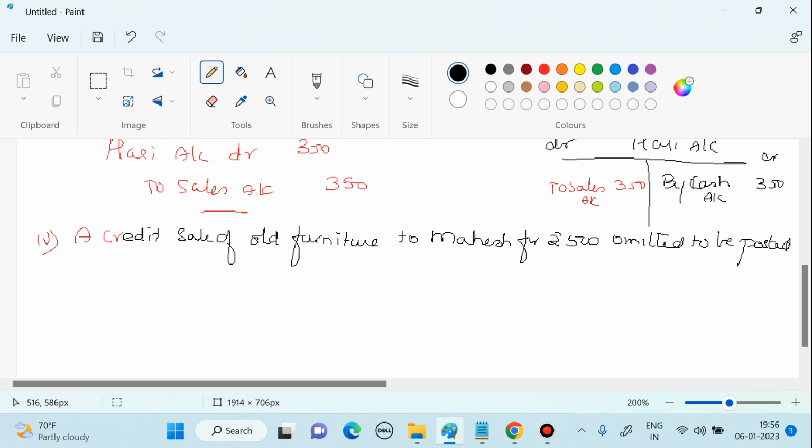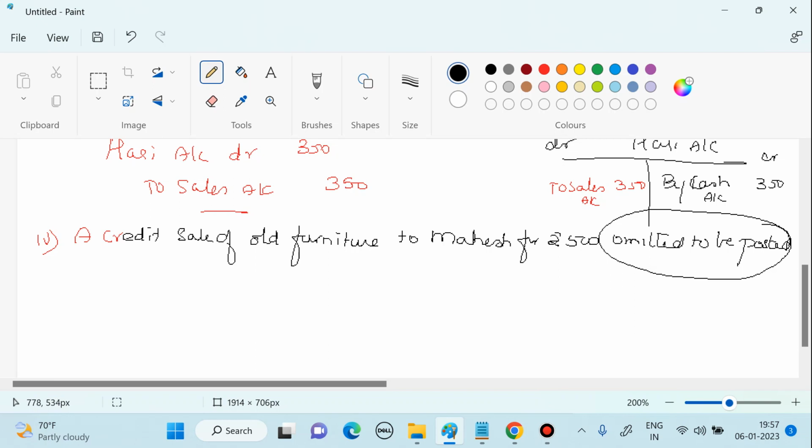So the correct journal entry is Mahesh to furniture. Correct. But you cannot pass a journal entry here. Why? Because only one of the accounts is wrong, not both. They said omitted to be posted, but didn't say which account. Omitted to be posted to Mahesh account means only in Mahesh account they forgot. If they said omitted to be posted in furniture account, then one account.